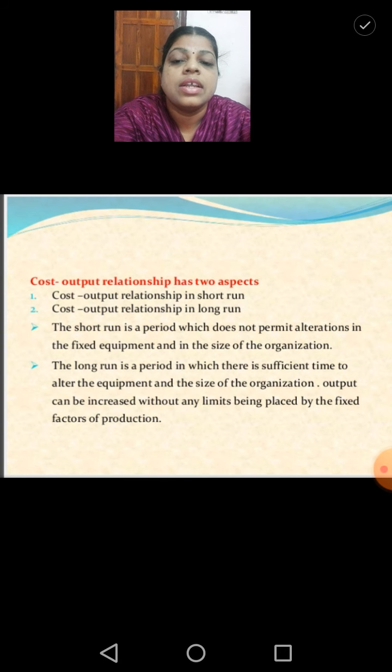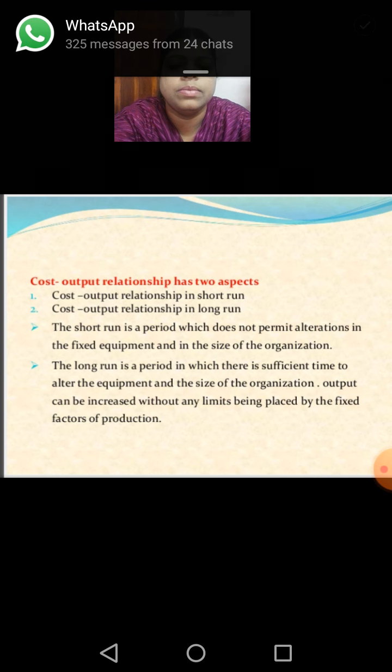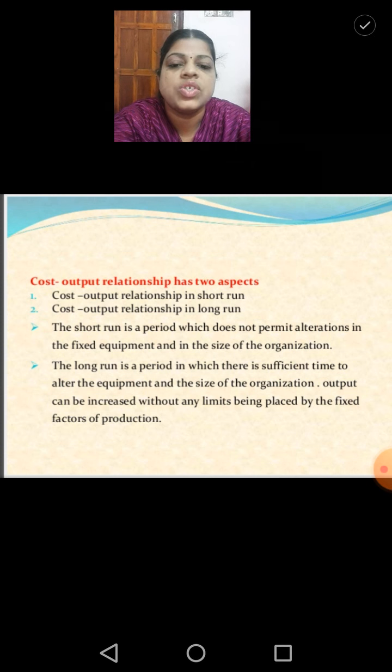And the cost-output relationship has two aspects, related to the short run and the long run. The short run is a period which does not permit alterations in the fixed equipment and in the size of the organization.